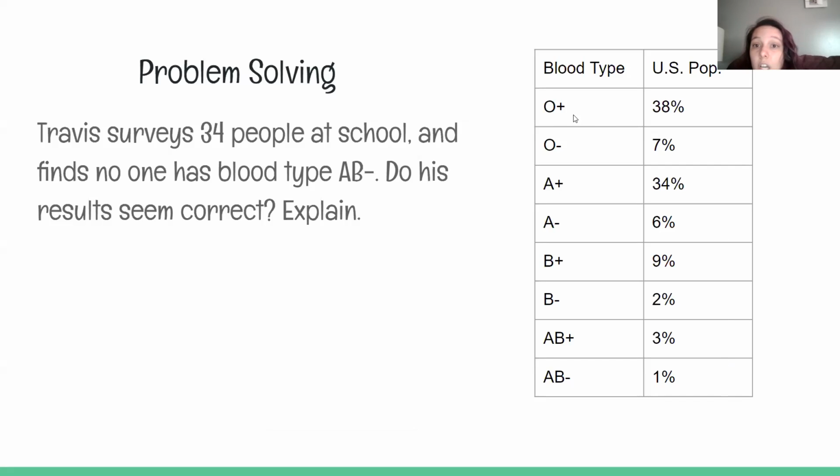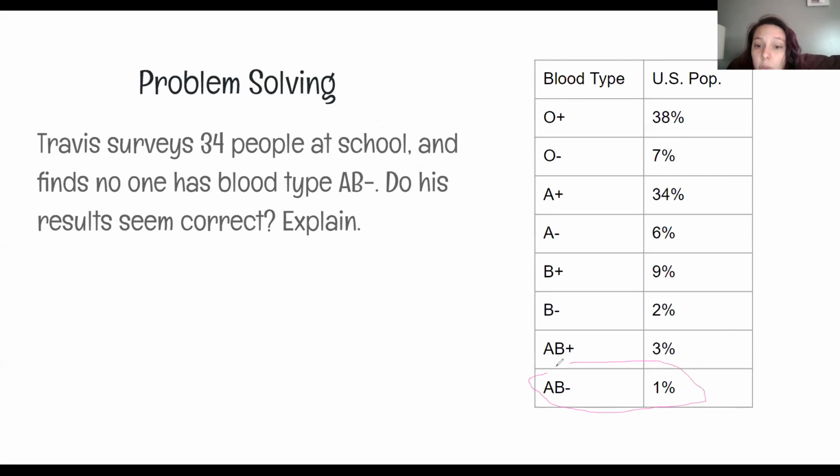So you can see O positive and A positive have really high percents. So my question is asking about AB negative. So if you are looking down here, only 1% of the population has AB negative as a blood type. So the question is saying, do his results seem correct?